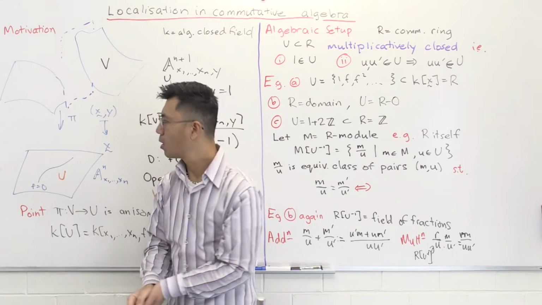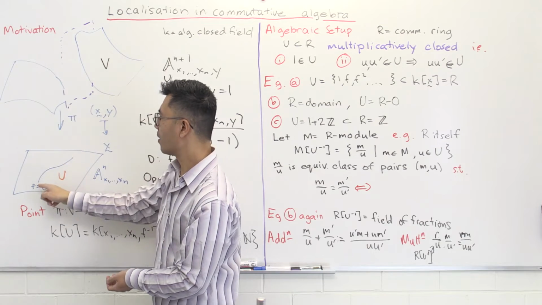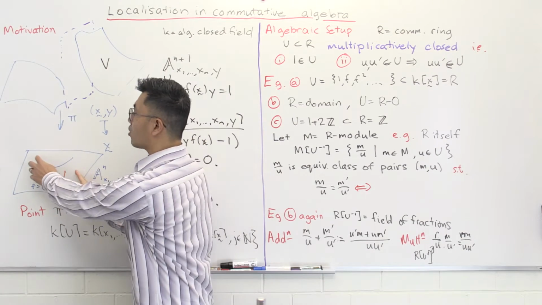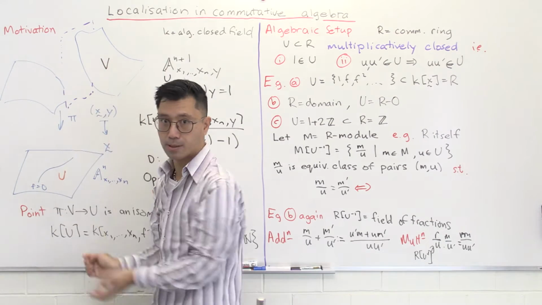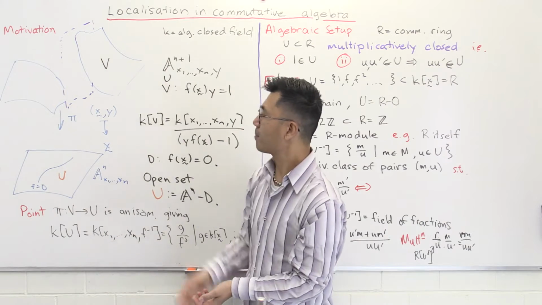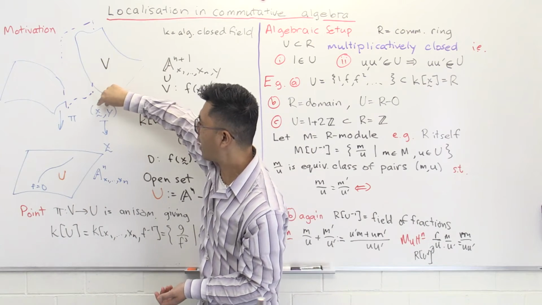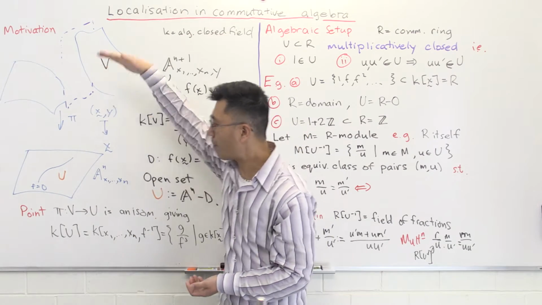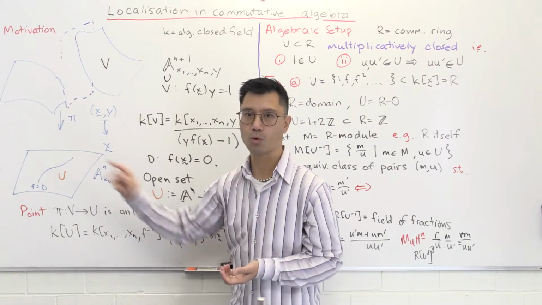So no points of V lie over this f equals 0 locus. But for each of the other points outside, each of the points above U, there's a unique point. So this projection map, where you map (x tilde, y) to x tilde, forgetting the y coordinate, is actually a set-wise isomorphism from this V to U.